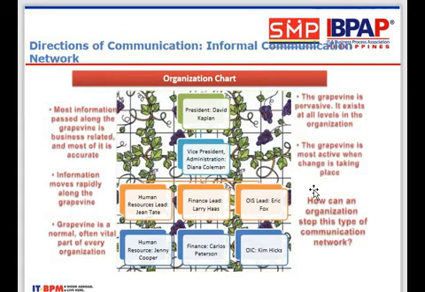Grapevine class is, in Tagalog, ito yung chismis na sinasabi, okay? In every organization, there's always the rumor or there's always the hearsay regarding what is happening around the organization, okay? Ito yung chismis na nangyayari, especially when there's a change that's going to take place within the organization.